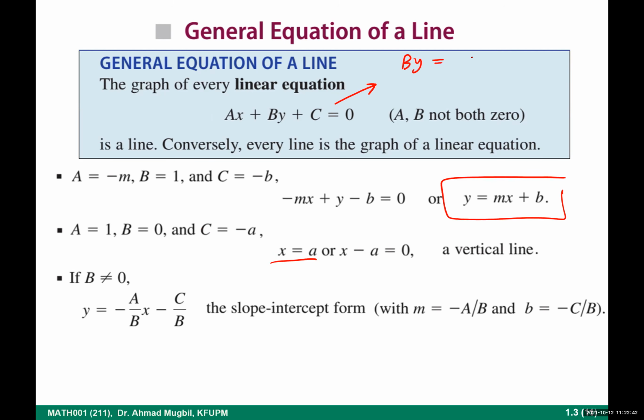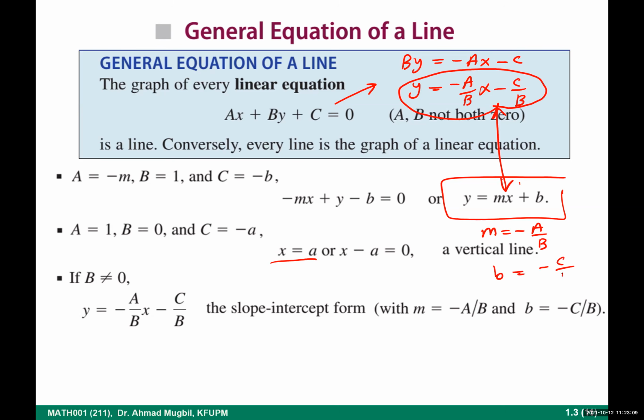By equals -ax - c, then divide by b, it will be y equals -a over b x minus c over b. Compare this with this. What can you conclude? The slope is -a over b. And the y-intercept is -c over b.